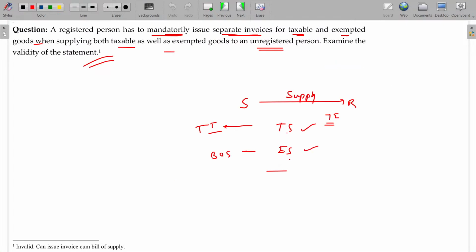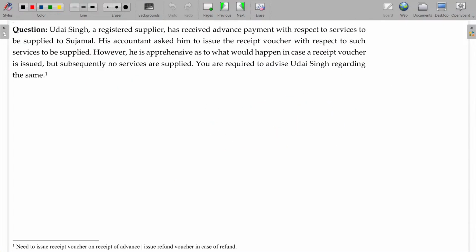So this one completed. Uday Singh. We have to go for this one. Uday Singh, a registered supplier, has received advance payment with respect to services to be supplied to Sujamal. His accountant asked him to issue the receipt voucher with respect to such services to be supplied. So advance payment.